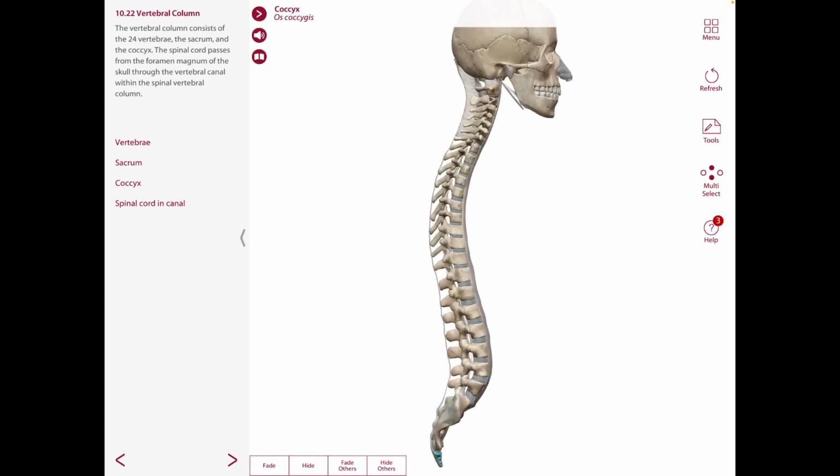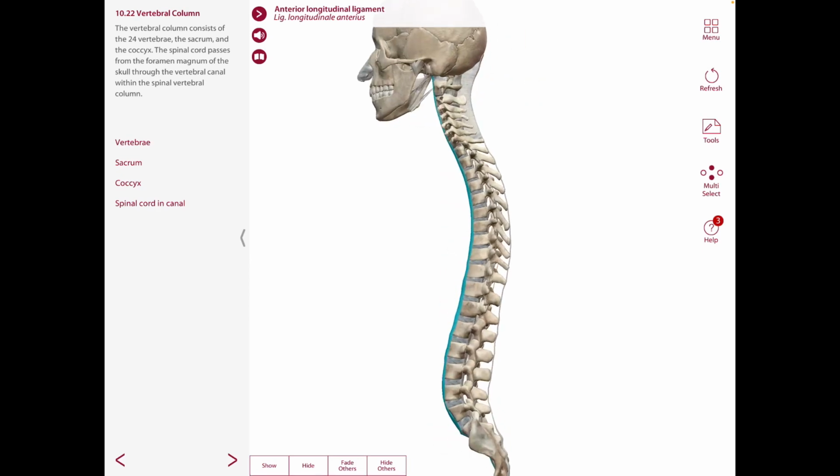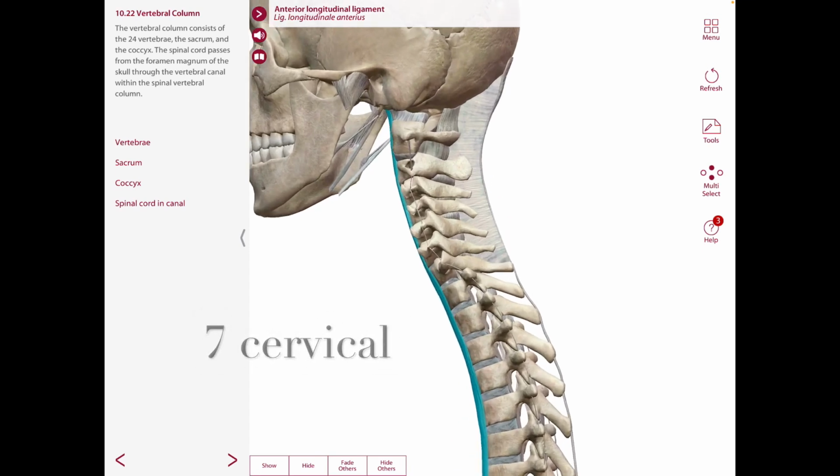So as I said before, there are several vertebrae. We have the cervical vertebrae. These are 7 cervical vertebrae that you can see over here. This is C1, also known as atlas. This is C2, also known as axis. And then you've got C3, 4, 5, 6, and 7.